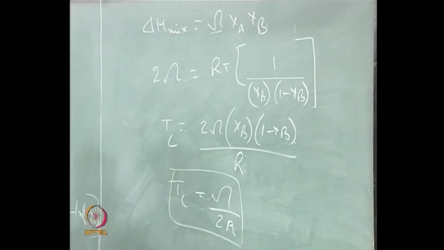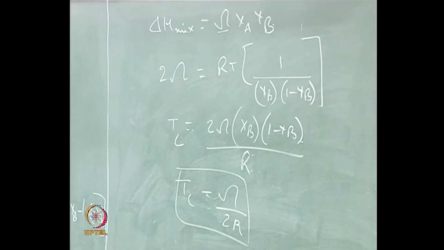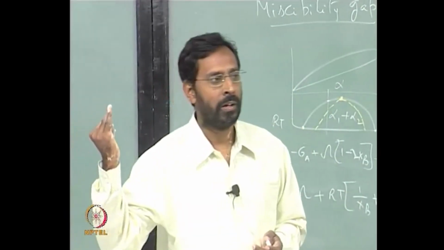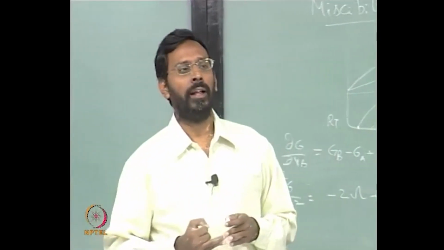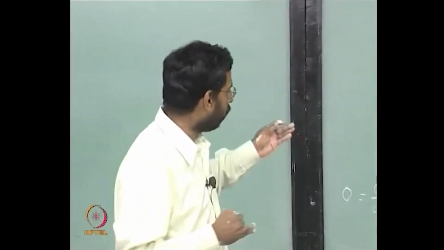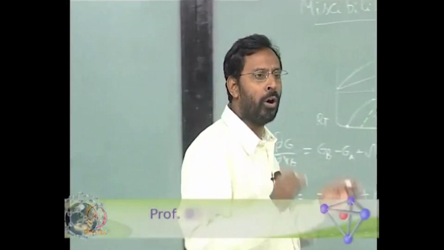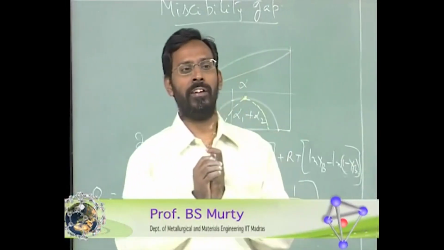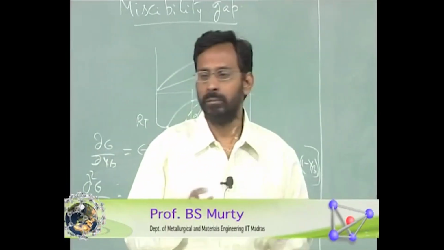What are the assumptions in this whole derivation? Regular solution model, and one more assumption. Yeah, we are assuming that the spinodal or the miscibility gap closes at the middle of the phase diagram. It is an assumption.